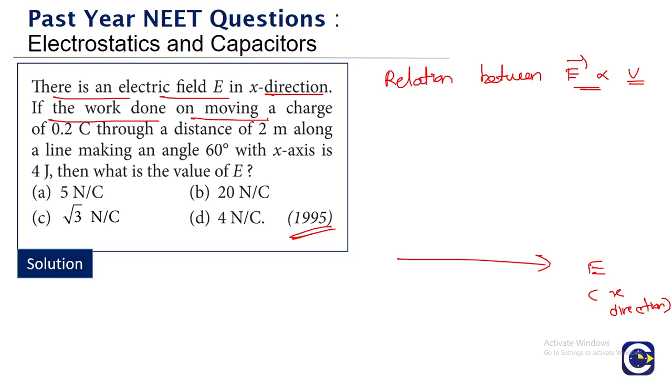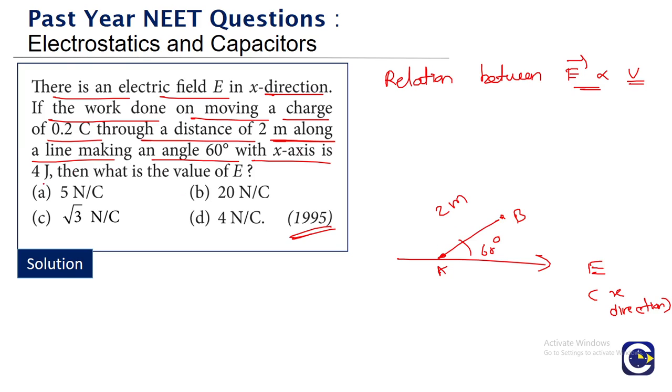If the work done on moving a charge of 0.2 coulombs through a distance of 2 meter along a line making 60 degrees with the x-axis, say from A to B, we are moving a charge 2 meter along a line which is making an angle of 60 with the x-axis.